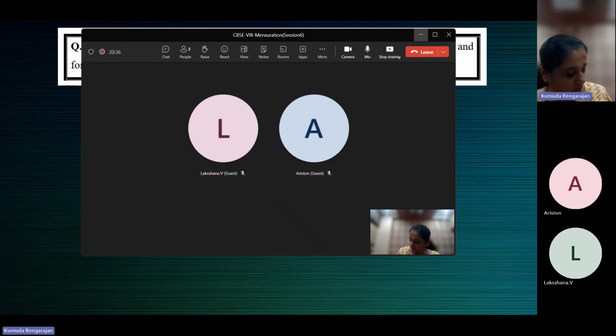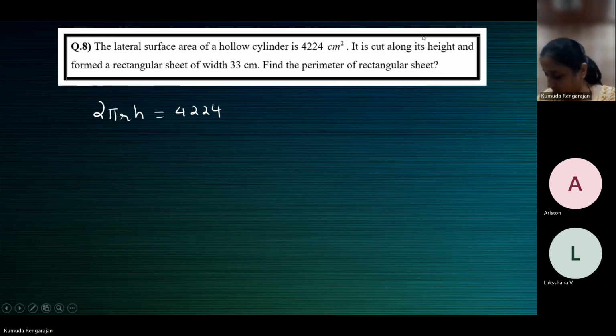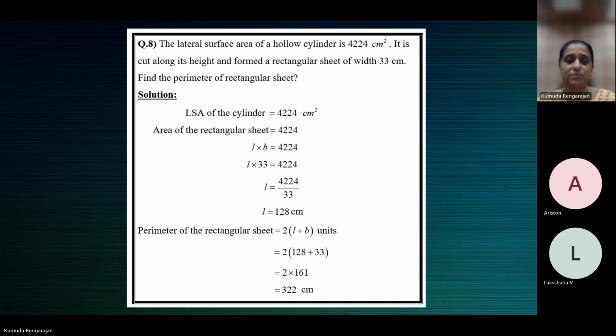When you cut open the hollow cylinder along the height, the cylinder opens up, and now it's a rectangular sheet. So it's cut along its height and formed a rectangular sheet of width 33 centimeters. Find the perimeter of the rectangular sheet.